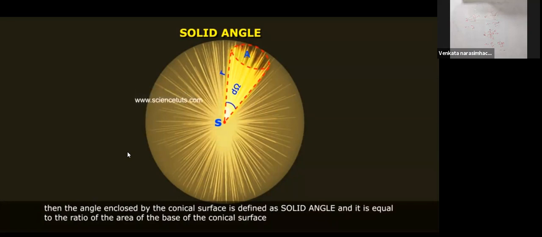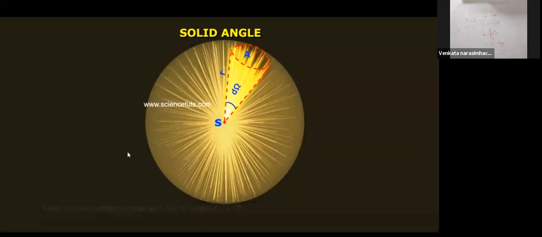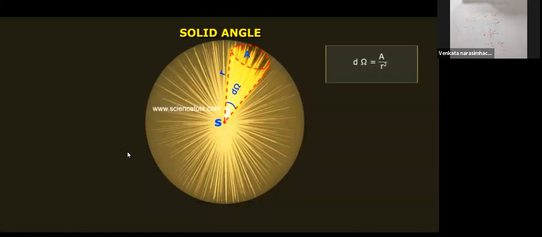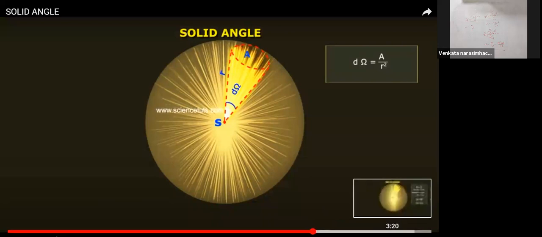It is equal to the ratio of the area of the base of the conical surface, the portion on the sphere, to the square of the radius of the sphere. Thus, the solid angle made at S by an area A is d omega. Therefore, d omega is equal to A by r square.